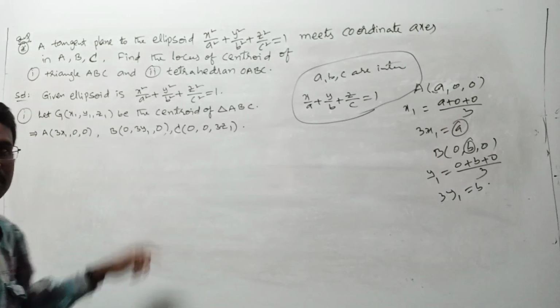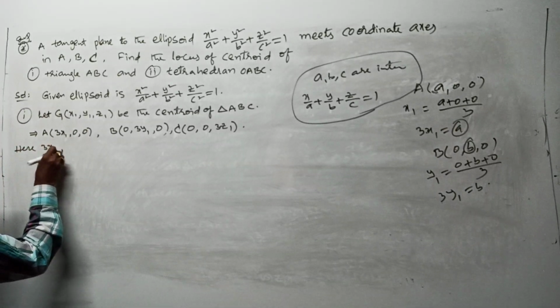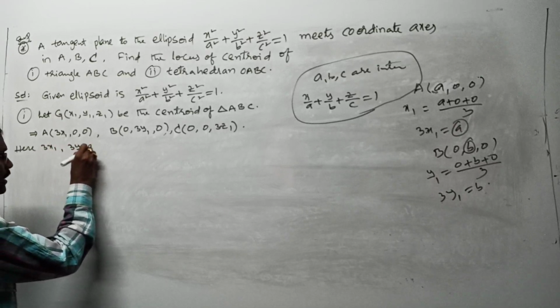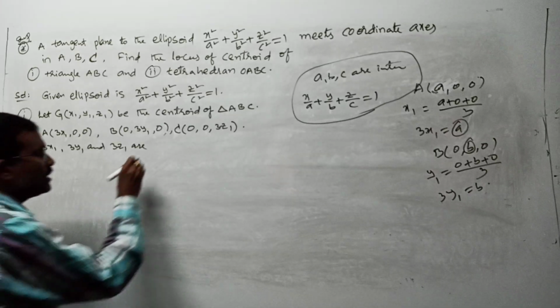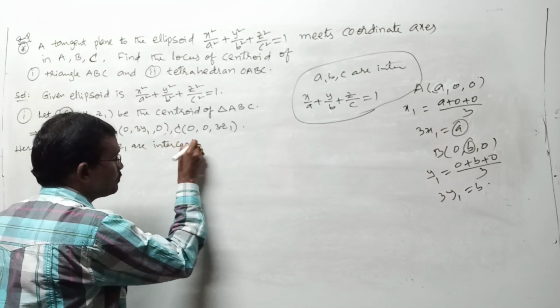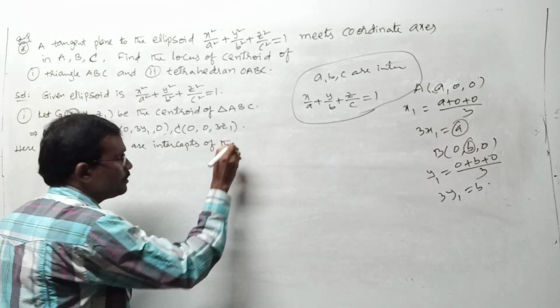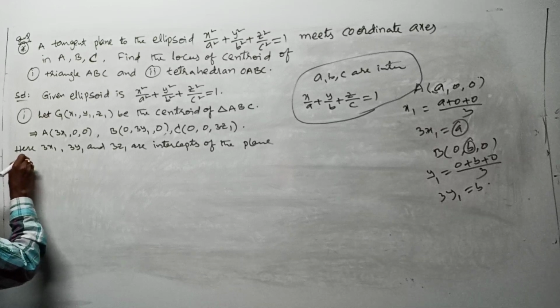I am proceeding; here clearly I am writing that 3x1, 3y1 and 3z1 are intercepts of the plane with the coordinate axes.